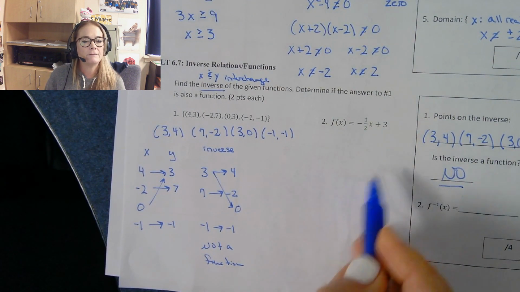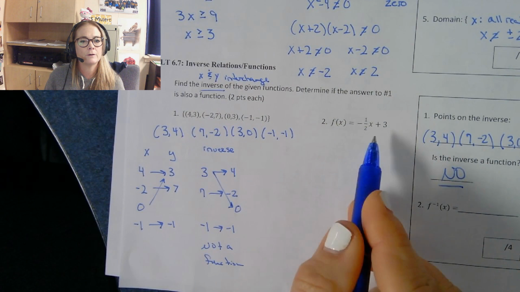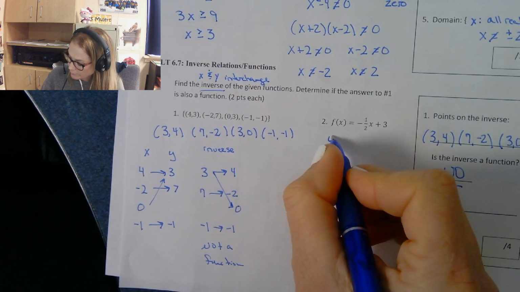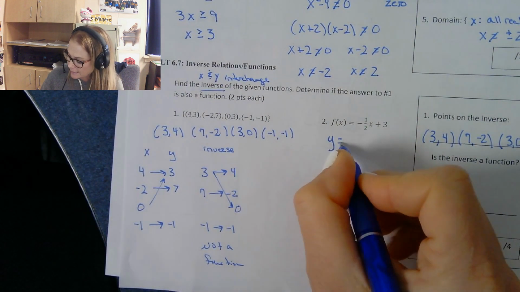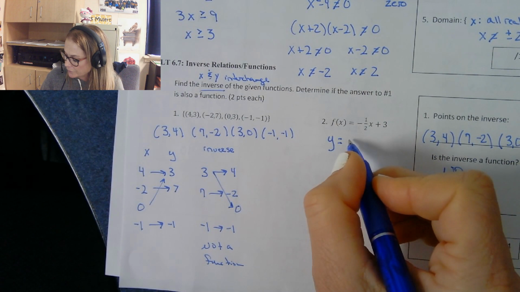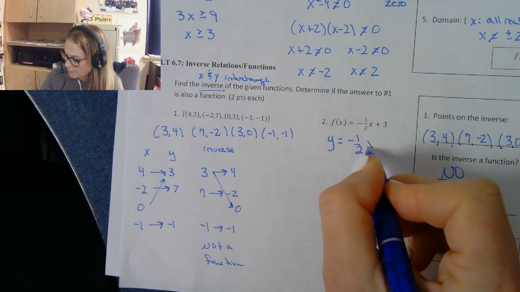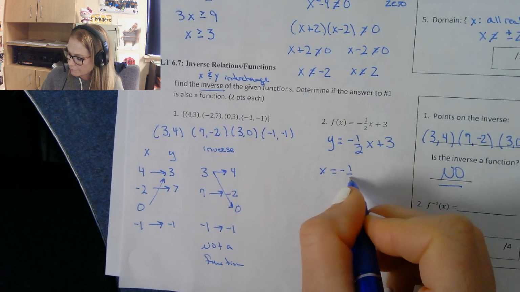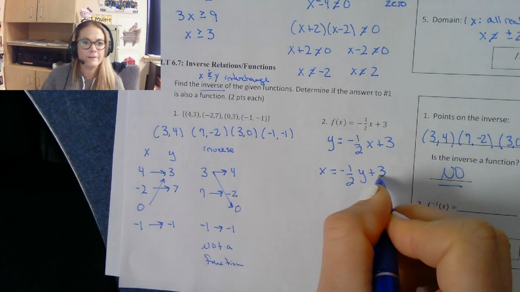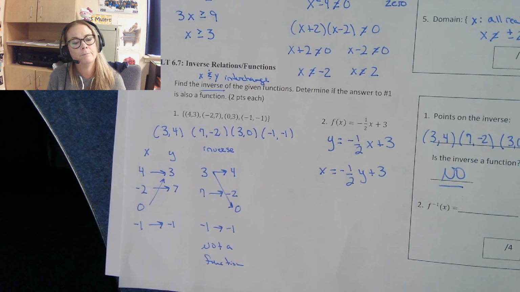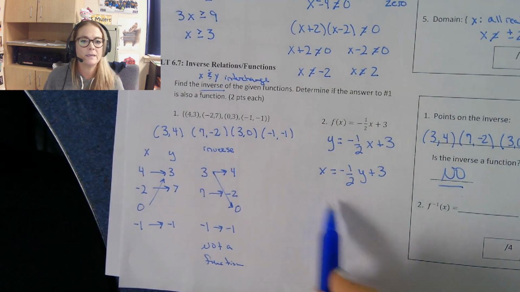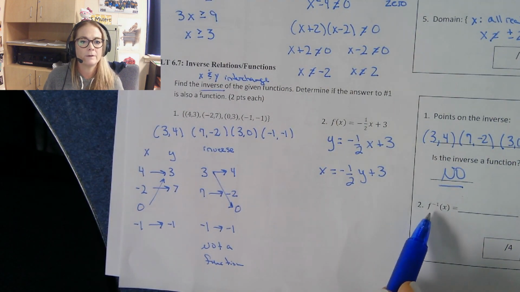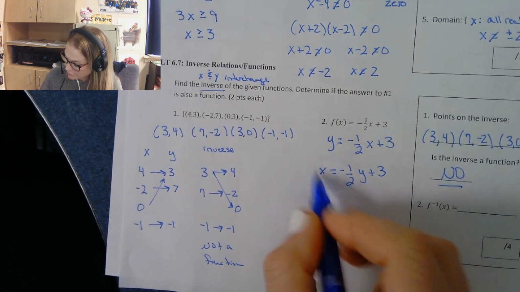All right, to find an inverse when you're given an equation, you want to go through the steps like we talked about in class. This is y, and so we just replace f of x with y. Interchange, basically. You have your function right now, but we want to solve it for y so that we can write it in this lovely form here with f inverse of x. So we interchange them, now I'm going to solve for y.